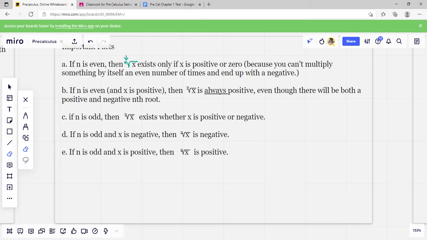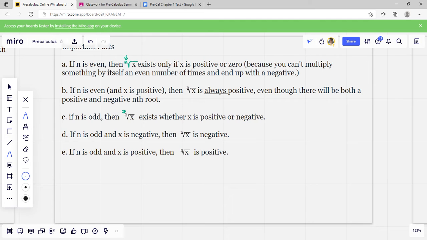All right, if n is odd, then the nth root of x exists whether x is negative or positive. If that's odd, that means we can end up with a negative. If n is odd and x is negative, then the nth root of x is negative.